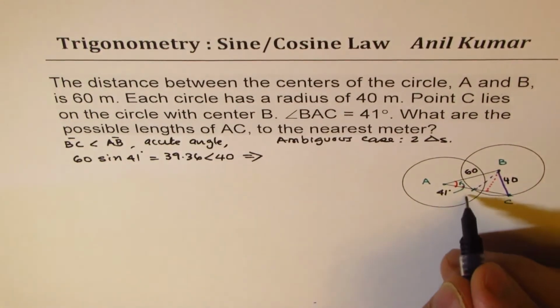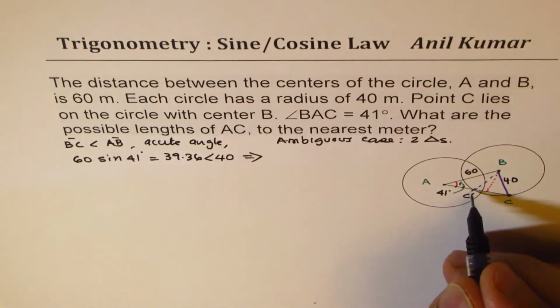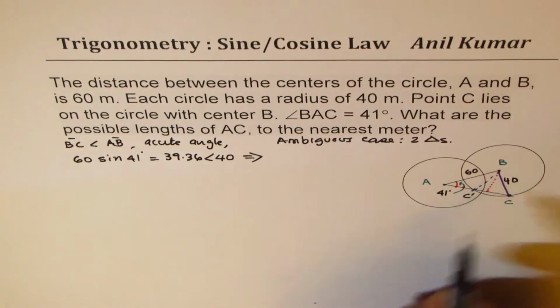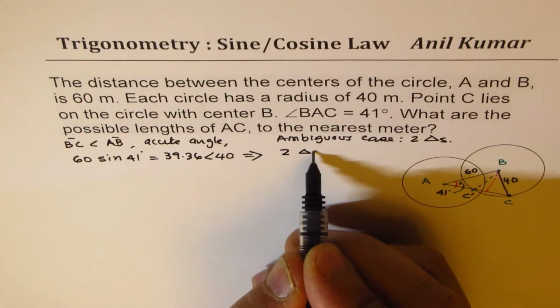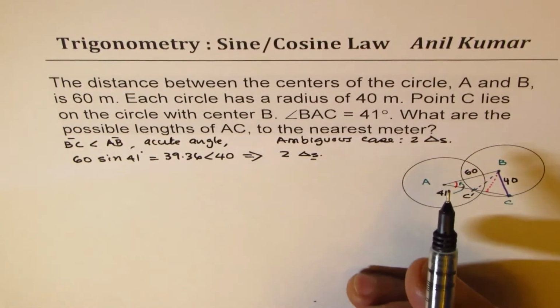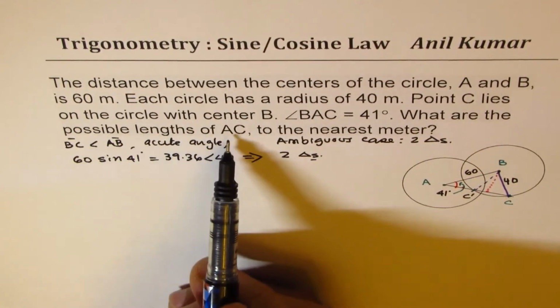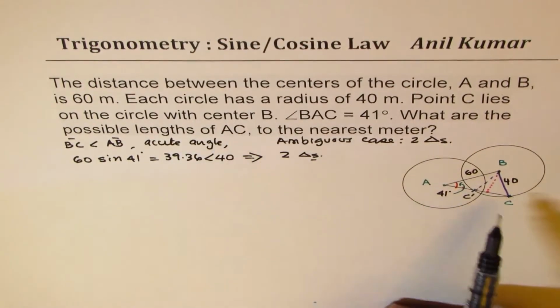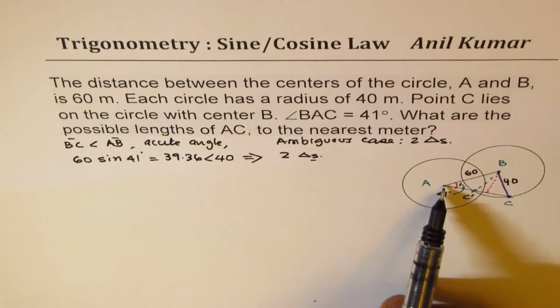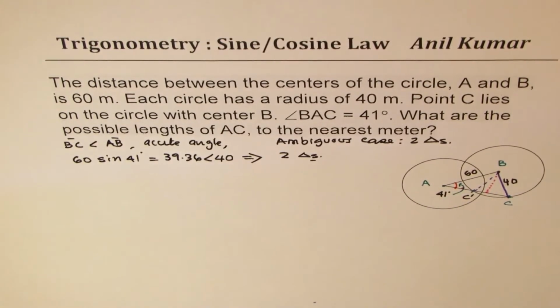Perfect. So we are expecting C dash also. So remember that, right? So we have two triangles. So what are the possible lengths? That there are two possible lengths of AC. One could be written as AC, the other one is as AC dash, right? So I hope this part is very clear.